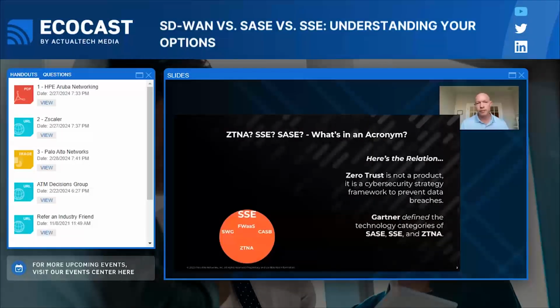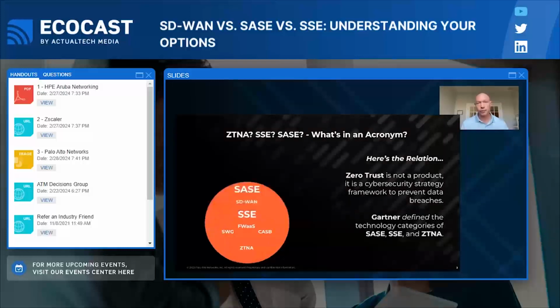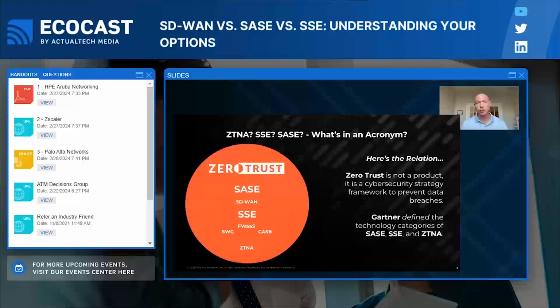Now, if we want to include SD-WAN, a single vendor or even integrated multi-vendor SASE approach, that is where SD-WAN comes into play with an integrated SSE type architecture. So this is now where we start to actually round out what a SASE should look like and what it should feel like for most organizations. All of this can be part of a zero trust architecture. It is actually a great way to enforce what we want to do from a zero trust access perspective across several mediums.